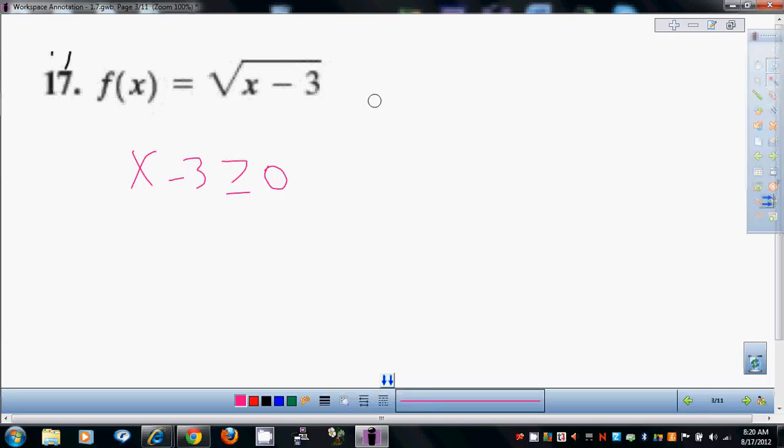Add the 3, and this function's domain is x has to be greater than or equal to 3. Anytime you have a radical, there's going to be an inequality in your answer, and 99% of the time, it'll have an equal sign. The very rare case where it won't, we'll go over in a minute. So basically, you just set what's under there greater than or equal to 0, solve, domain. Questions on that guy?